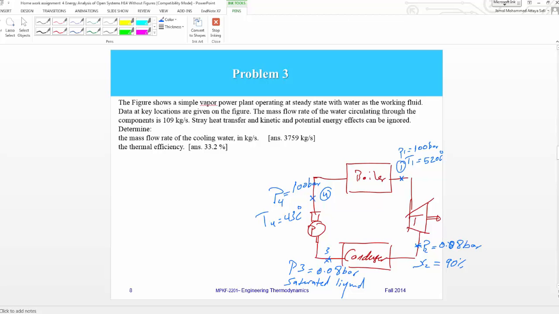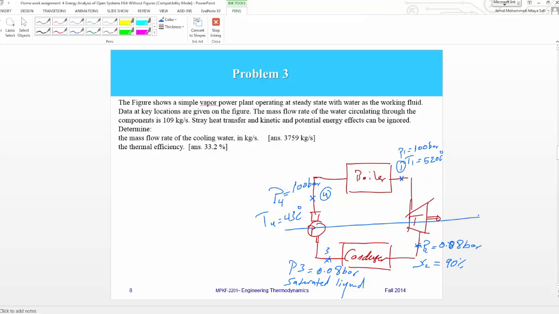So this is the information that we have about all the devices. It's good to see that we have actually two pressures here: the high pressure after the pump, which is in the boiler, and the low pressure in the condenser.